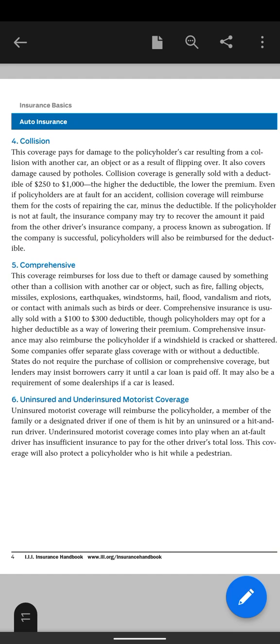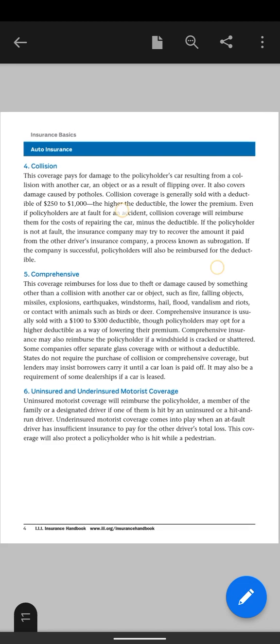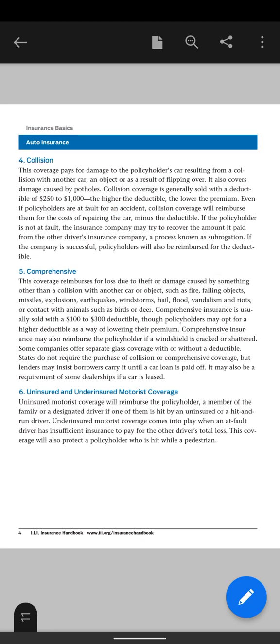Comprehensive insurance may also reimburse the policyholder if a windshield is cracked or shattered. Some companies offer separate glass coverage with or without a deductible.